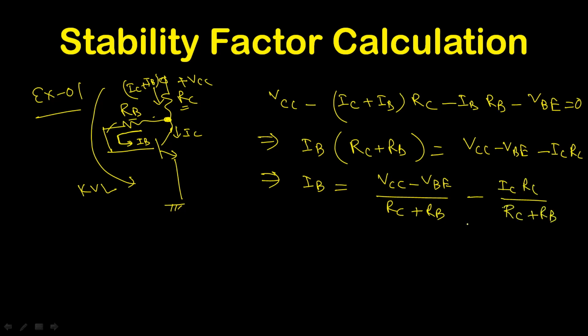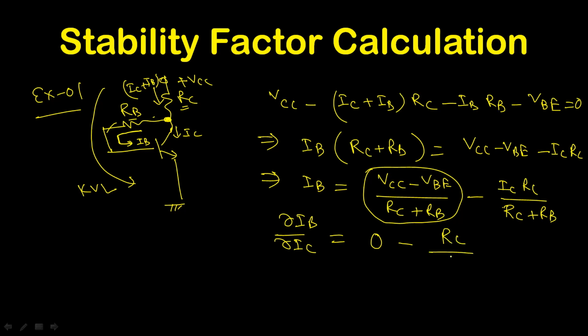So we can calculate del IB by del IC. The first term is constant, same as before, so 0, minus del IC by del IC, which gives 1, times RC by (RB plus RC).